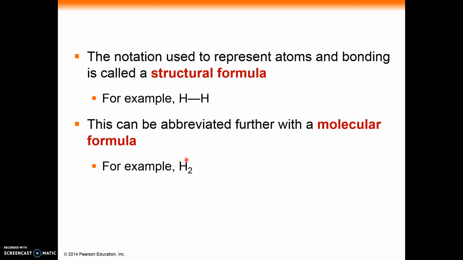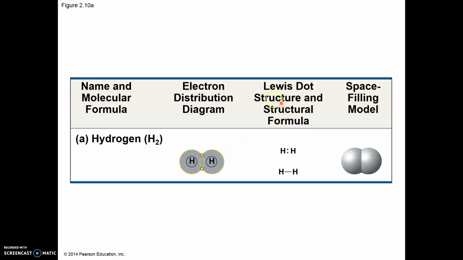Now, coming back to this differentiation between molecules and compounds, notice that this is a molecule because it has a covalent bond, but it is not a compound. A compound requires two or more elements. Okay, and we only have a single element. There are two of them, but they're not different. Okay, so in this case, our hydrogen molecule is a molecule, but it is not a compound.